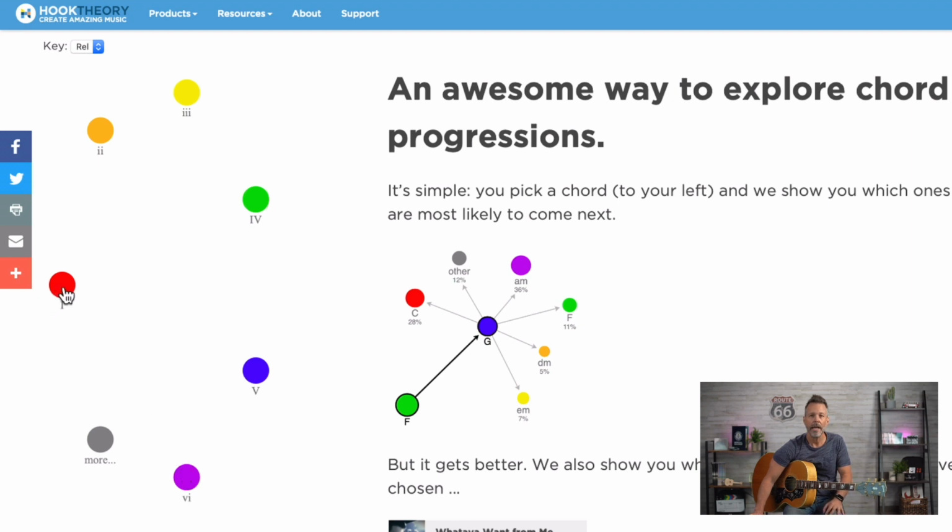But check this out. If we're in a major key, let's say I'm playing a G. It could be a C, it doesn't matter, but in this case it's a G. Now we could go up here and say the key of G. Well, let's just do that for kicks and giggles.